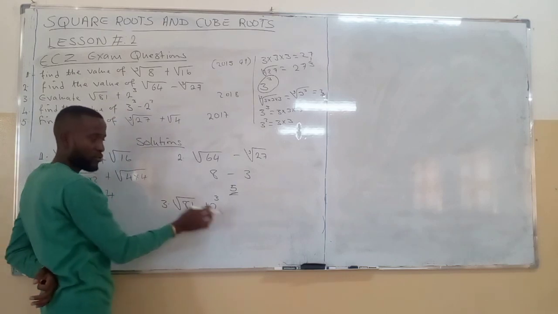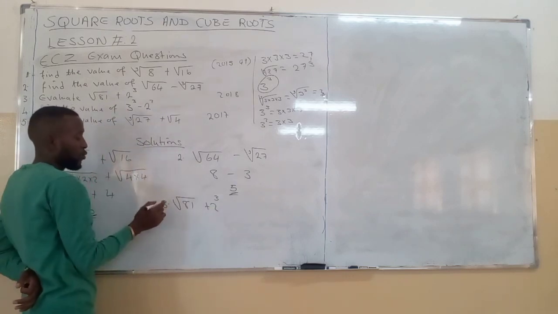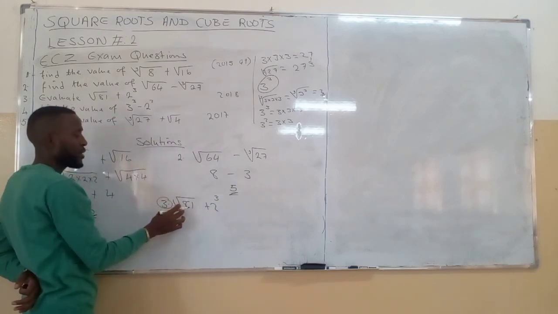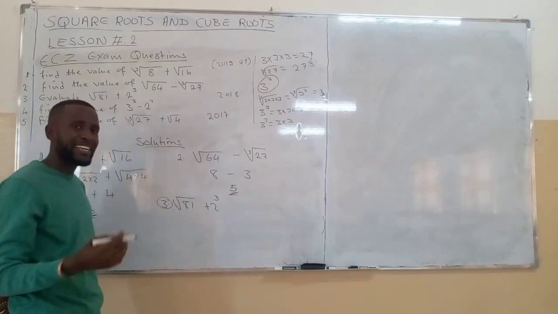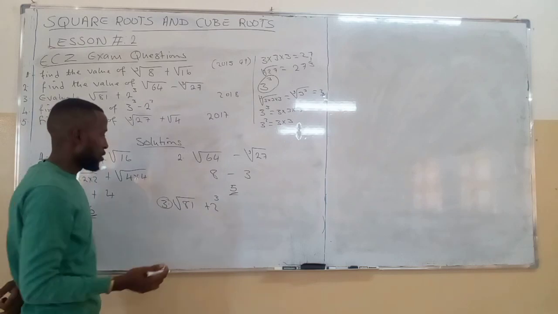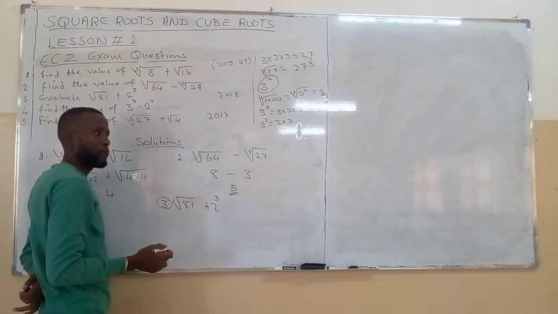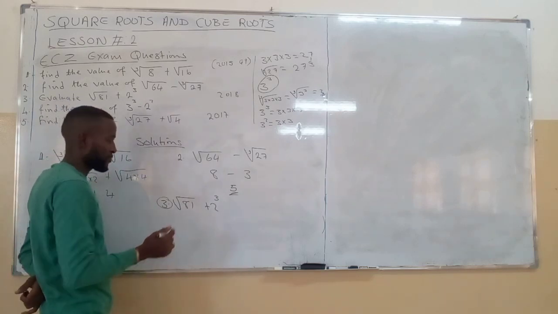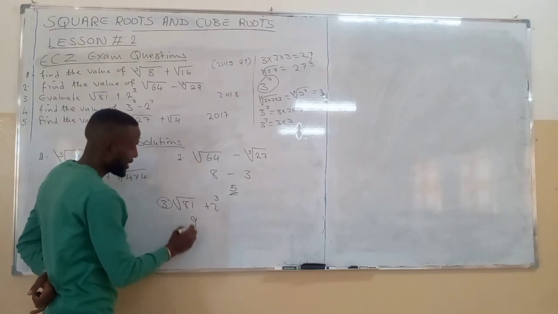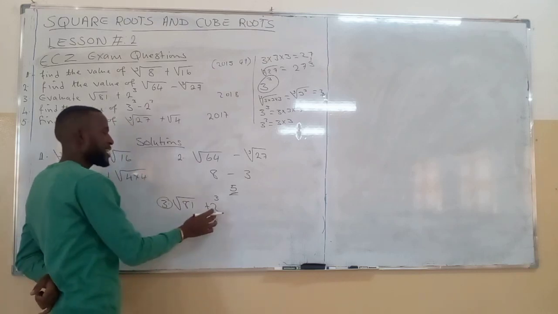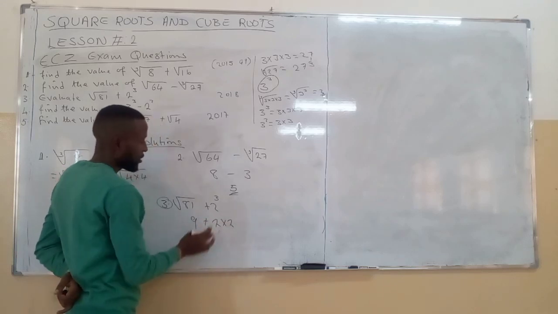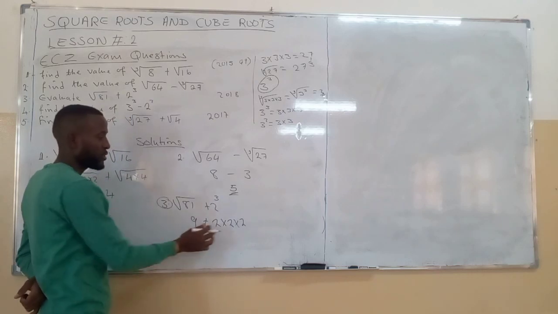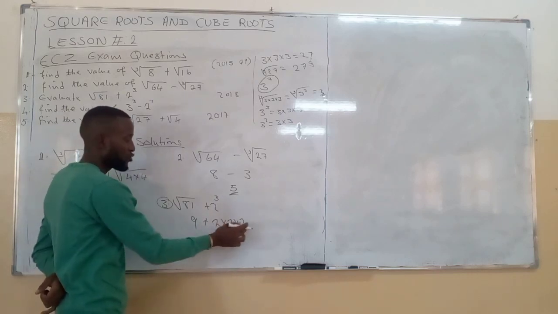So when we come to this question, you look at what is the square root of 81. What are two numbers that, when I multiply them, I'll get 81? That is 9 times 9, which is 81. So we have 9, plus, what is the number when I multiply 2 times 2 times 2? 2 times 2 is 4, times 2 is 8.